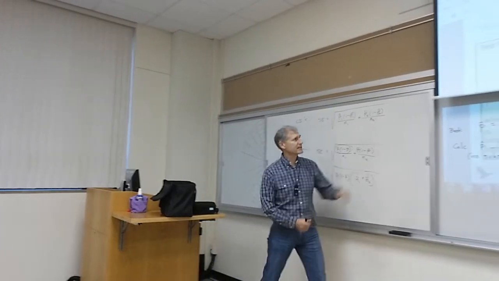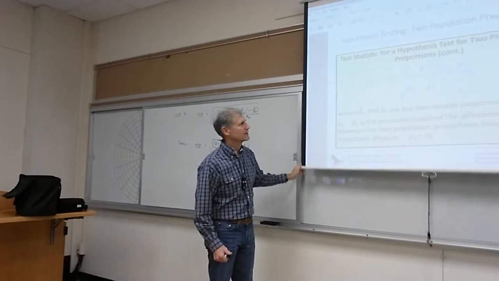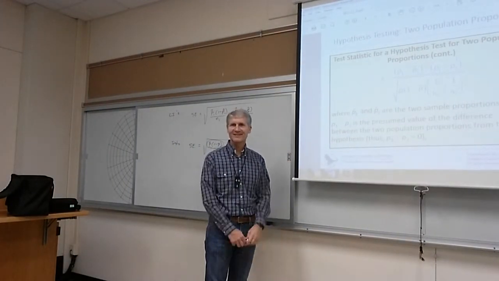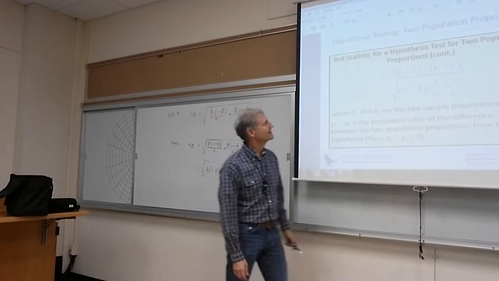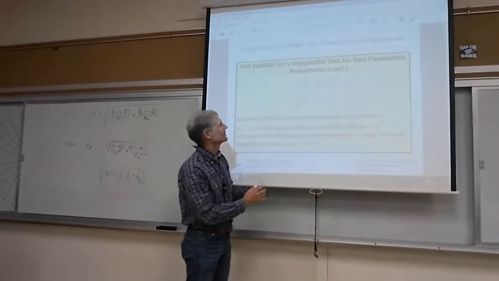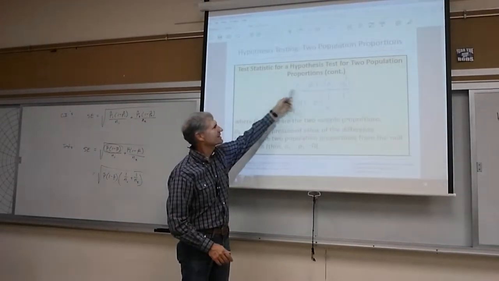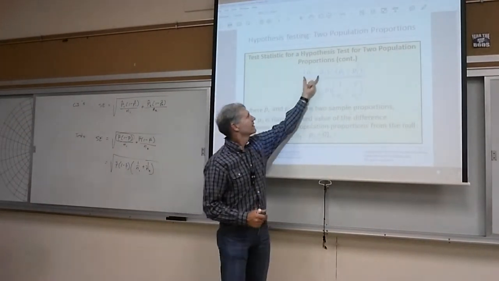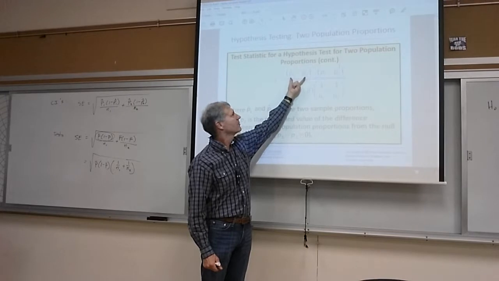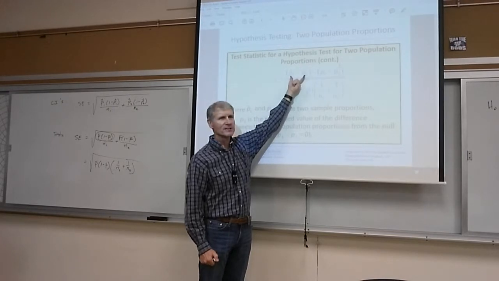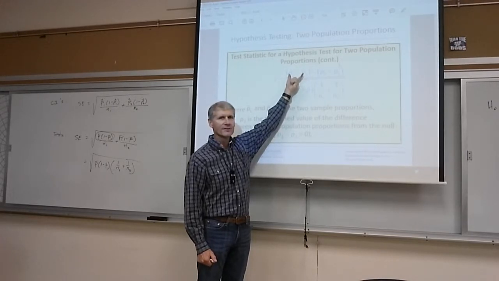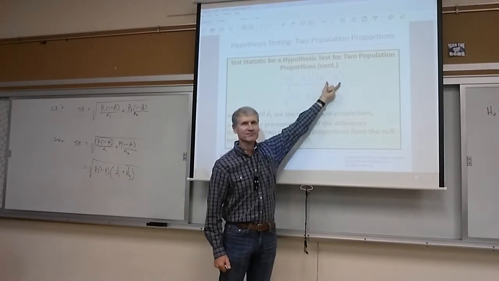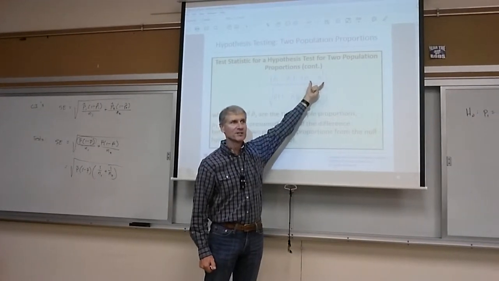So, the test statistic. That's about as pretty a formula as you're ever going to see. Look at that. It's got P's all over the place. But it's just the same old story. What is P hat 1 minus P hat 2? What is that called? Point estimate. Point estimate of what? Of this. Right? The population difference.